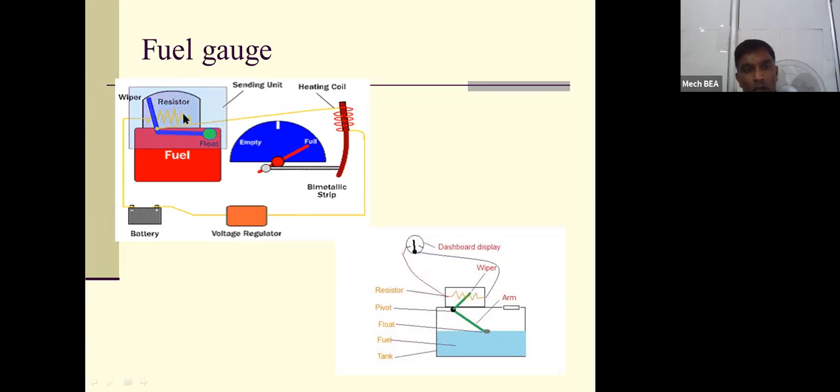So this resistor is used. Resistor means it is going to have some resistance. Based on the resistance, which again is based on the position of the float, it will indicate the amount of fuel inside the tank.